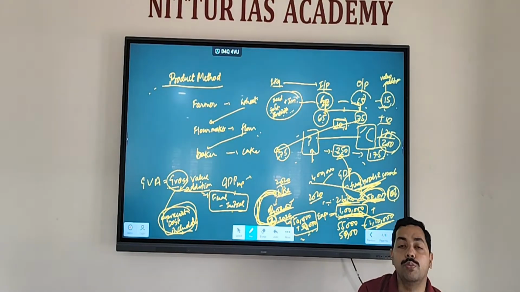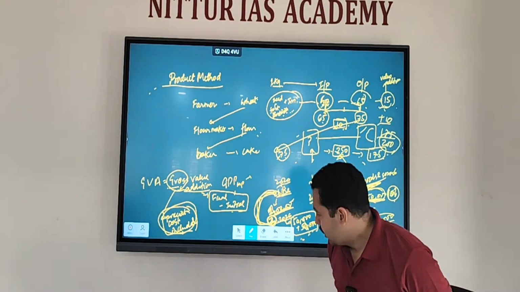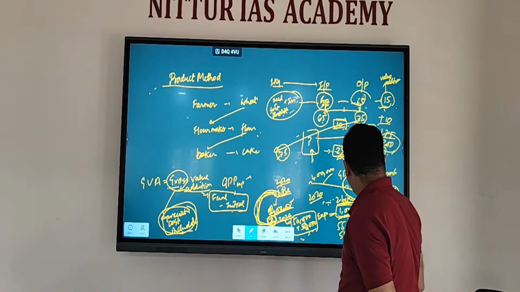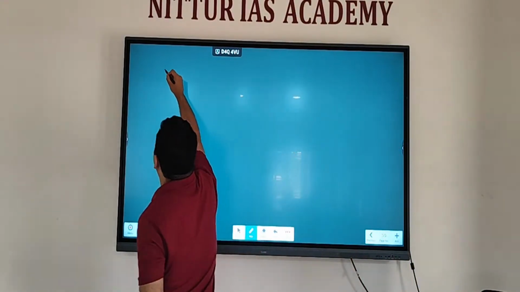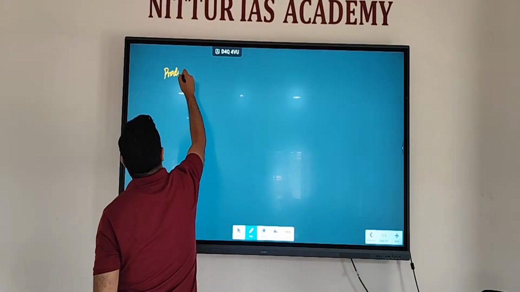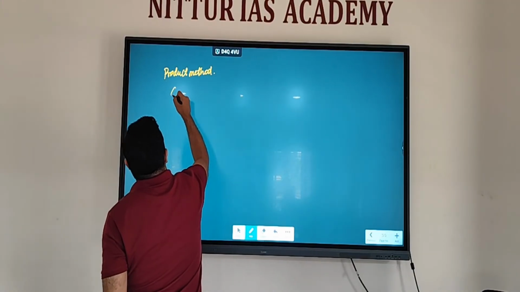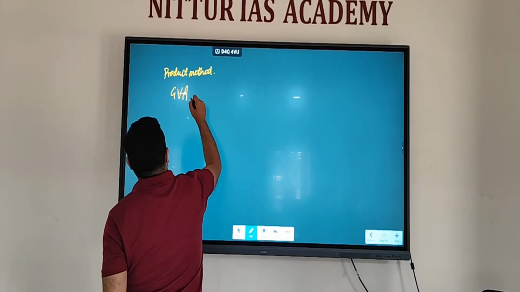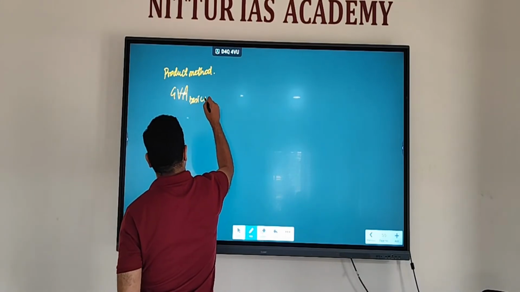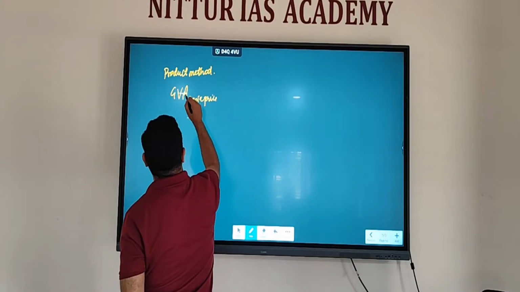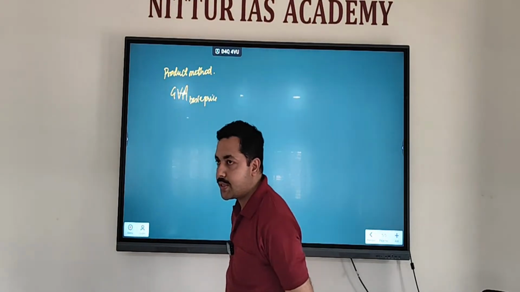So how are we trying to measure GDP? First we are trying to calculate GVA. Under the product method, first we calculate GVA at basic price.